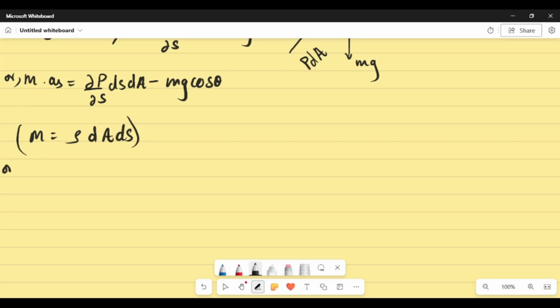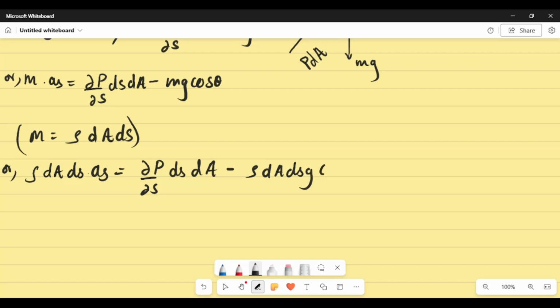Replacing the mass, we get rho times dA times ds times acceleration in the s direction equals minus del P by del s times ds times dA minus rho times dA times ds times g cosine of theta.